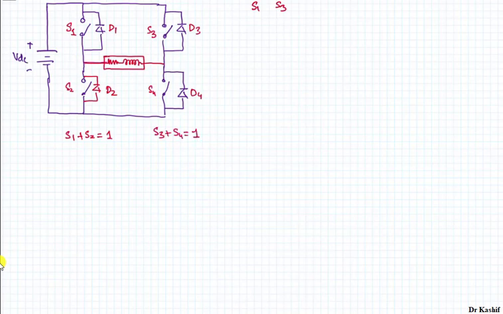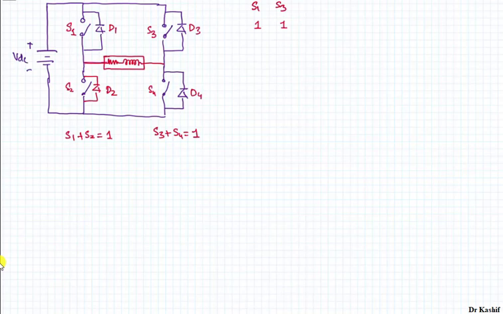It means one of the switches will be on at any instant of time in any arm. So if I say the switching state S1 is 1 and S3 is 1, it means S2 and S4 will be 0, because they will be in the off state.